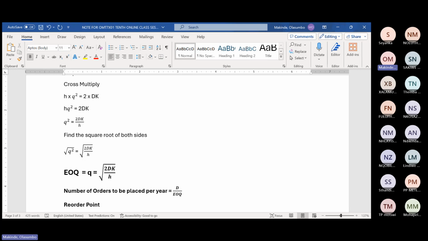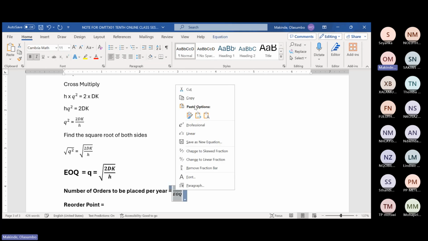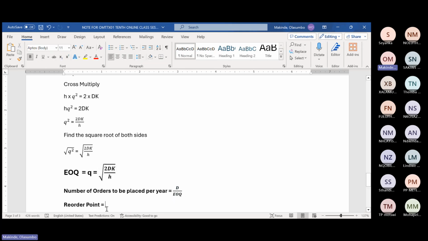When is the next ordering phase? That's the reorder point. And the formula for that is EOQ over D. It's just the opposite of this. And you use all these formulas if all four assumptions of the EOQ model are obeyed. EOQ over D. So those are the formulas.